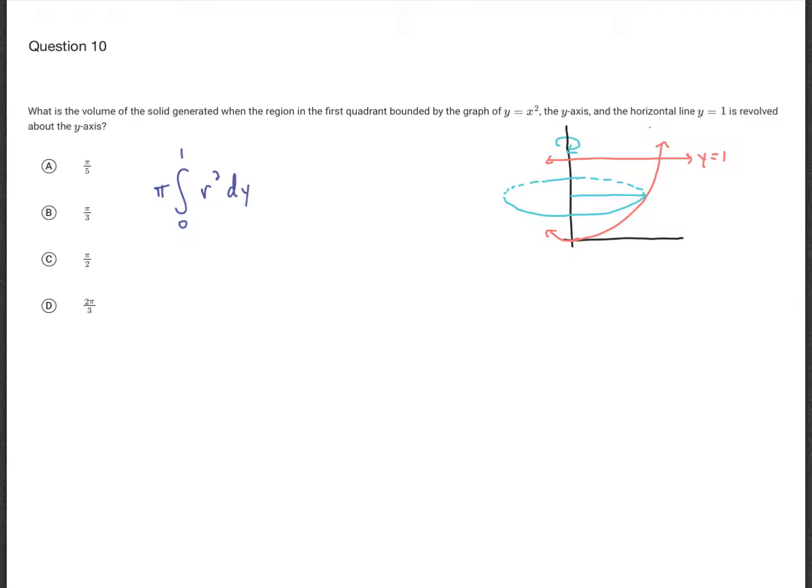So this is really x equals square root of y. So just got to take the square roots of both sides. So square root of x squared is x, pretty much, and square root of y. Okay, so that's our radius now. This radius here is root y.